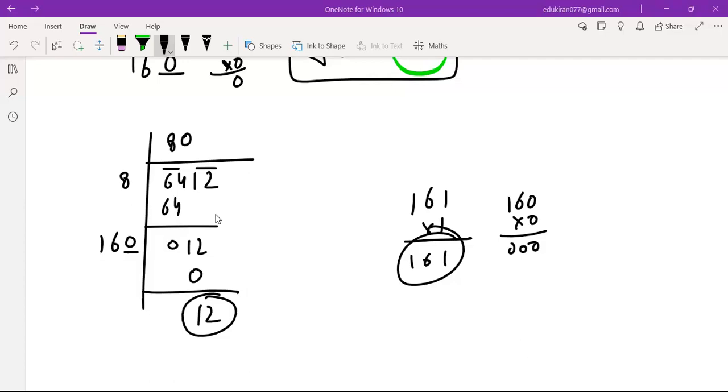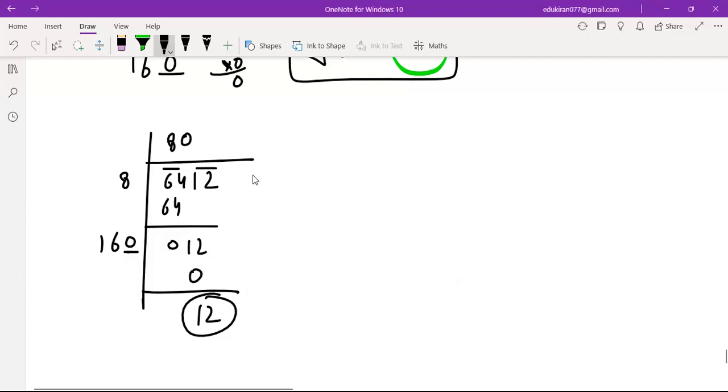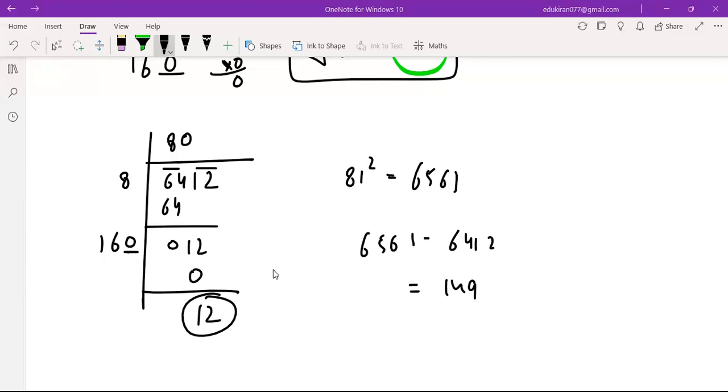So what you get? 149. Yes? So over here, 6561 is the square of 81.